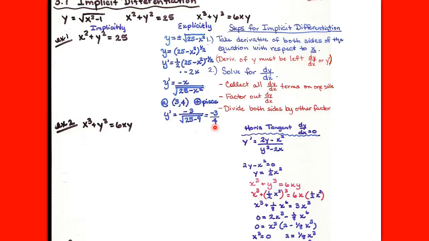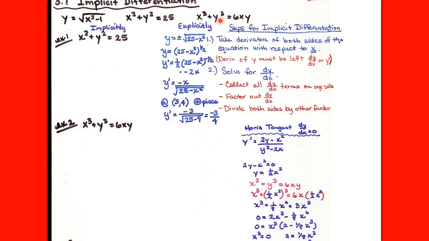In implicit differentiation, I don't have to get y on the outside. I can leave y where it is in the function and take my derivative. Because look at my next scenario. In example number 2, we have x to the third plus y to the third is equal to 6xy. How are you even going to get y by itself? Okay, I'll move this over here and move the x cubed over here, and I can't factor out a y.